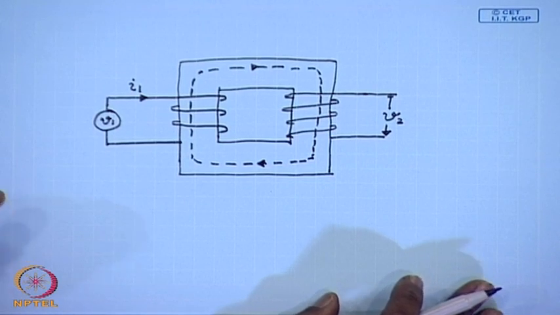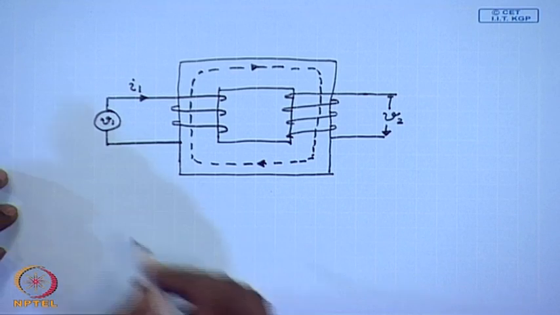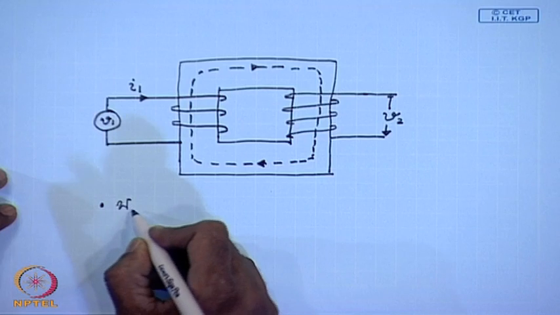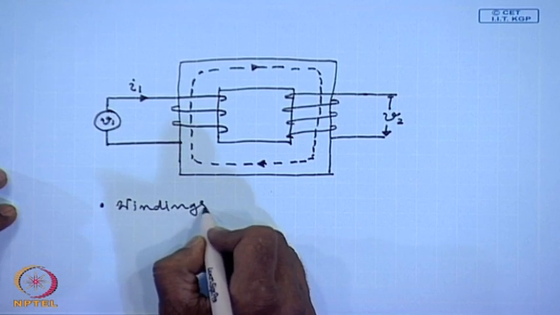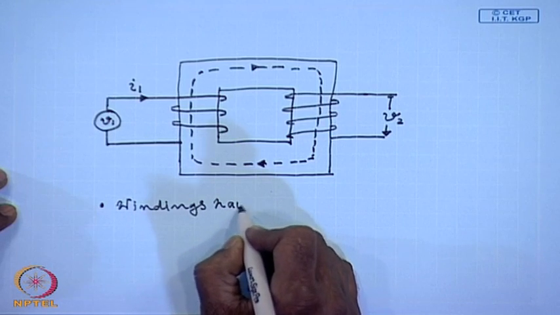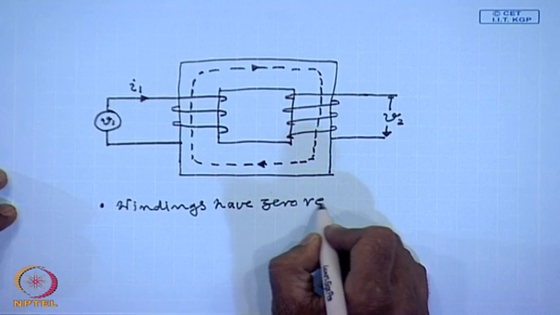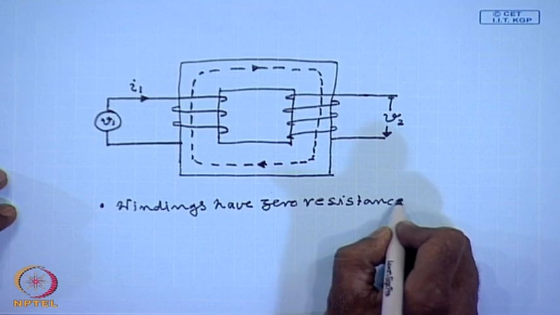We can get good insight into the operation of this transformer if we make certain simplifying assumptions. For example, the first assumption we make is that the windings are lossless, that is, they have zero resistance. Of course, that is an ideal winding.